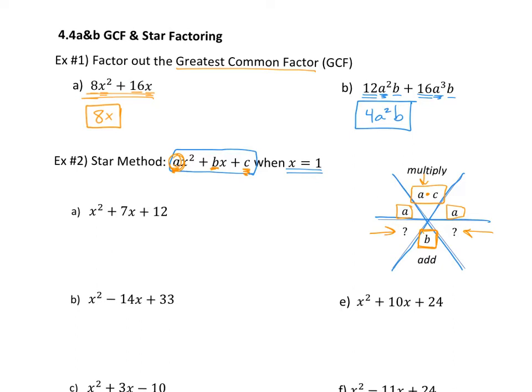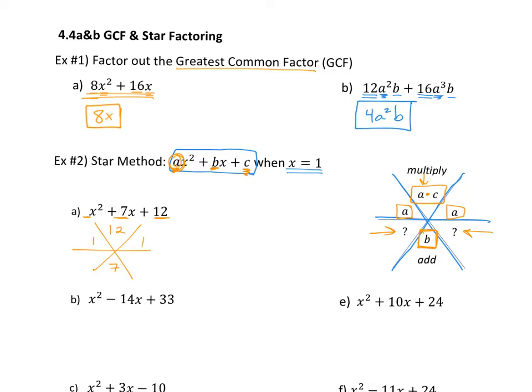Okay, so what we're going to do, we're going to set up a star here. Up top, you take your A, which is 1, and your C, which is 12, and you multiply them together. So 1 times 12 is 12. On bottom, you take your B term, which is 7. And then your A terms are 1 and 1 here.